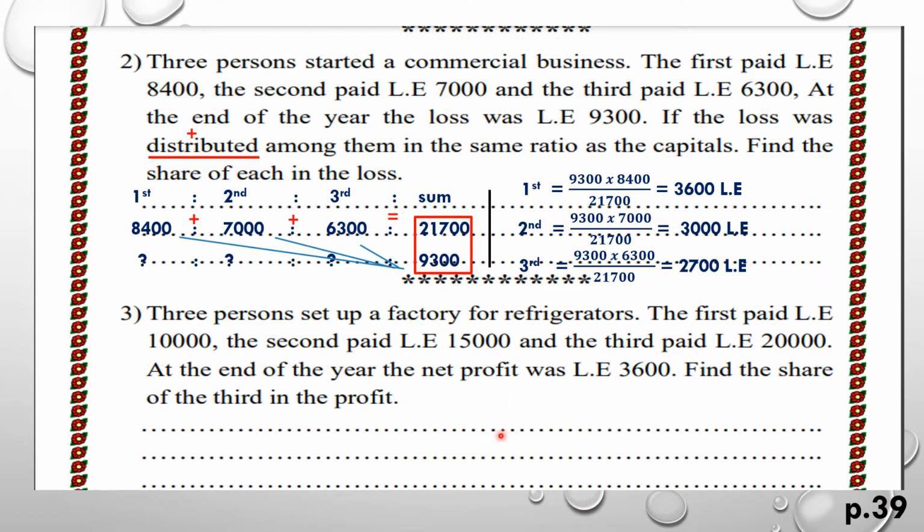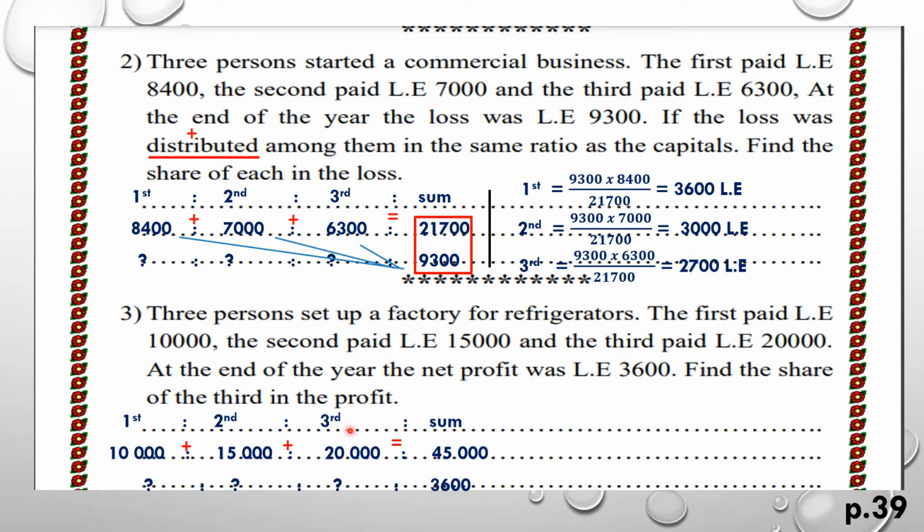So distributed means plus. So we are going to make first, second to third to sum. First 10,000, second 15,000, third 20,000. To find the sum, we need to add these three numbers together. The result will be 45,000. Now, 3,600, the net profit, should be put under the sum.